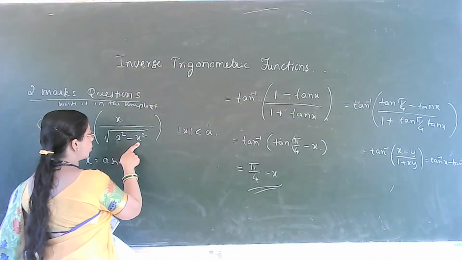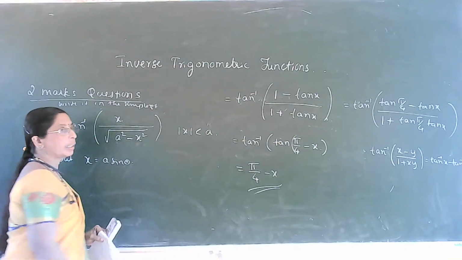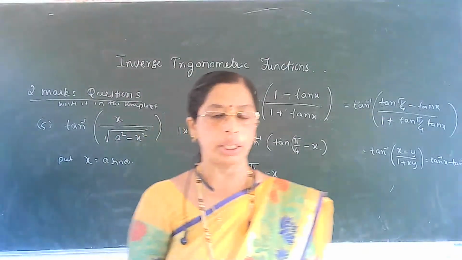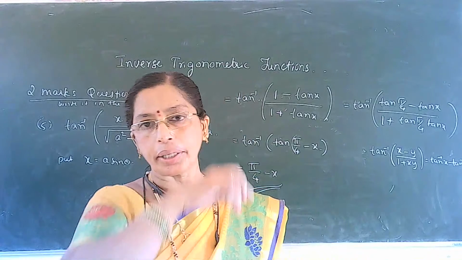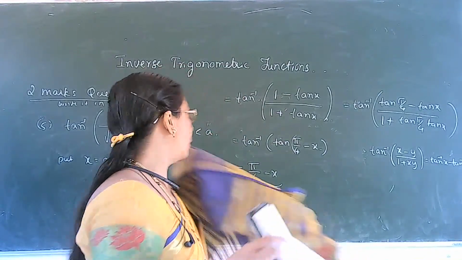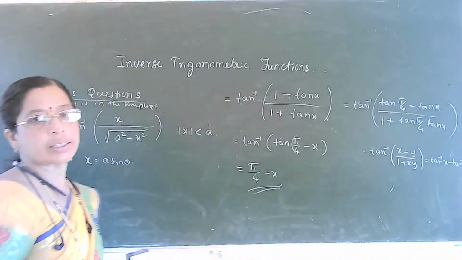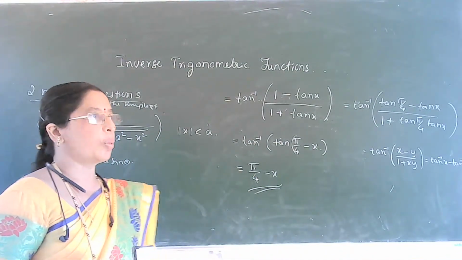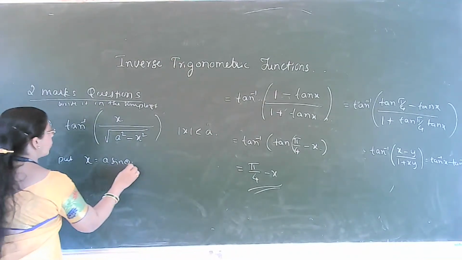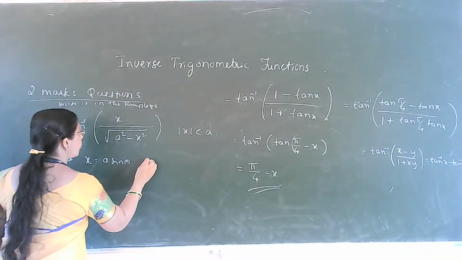You can use cos theta also, but if you put a cos theta you get cot theta, and you can't cancel tan inverse with cot, it's the reciprocal. Therefore, we put x equal to a sin theta.